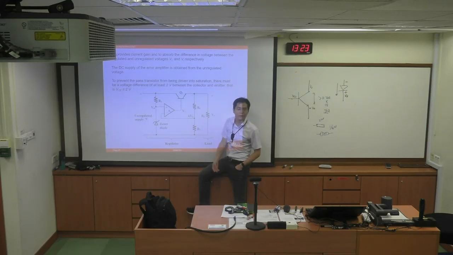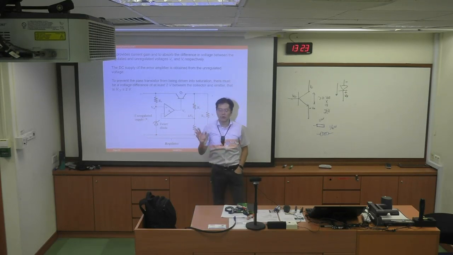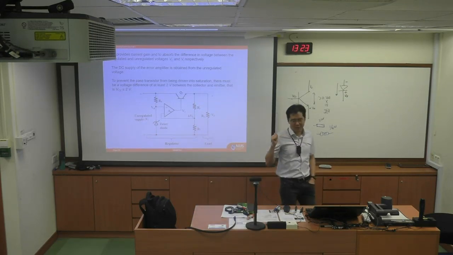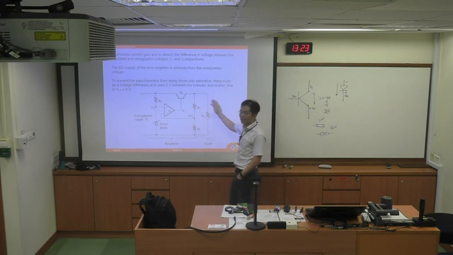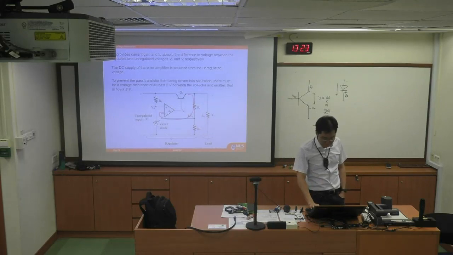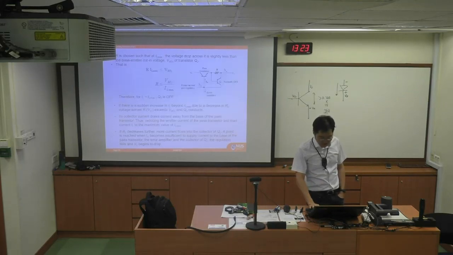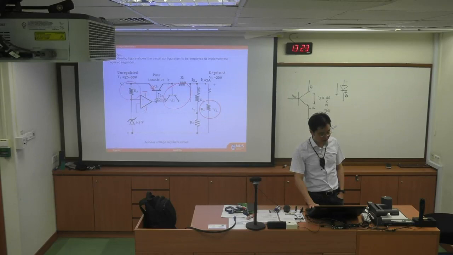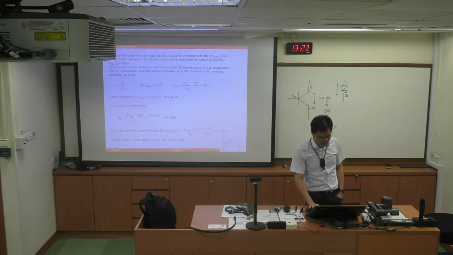So that's why for MOSFETs you'll typically see the PMOS instead of the NMOS in this pass transistor, power BJT or power PMOS. Anyway, that's actually more than what I wanted to cover today for this topic, so let's move on.